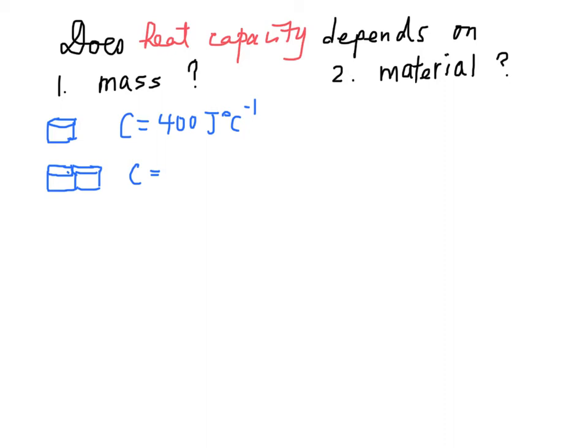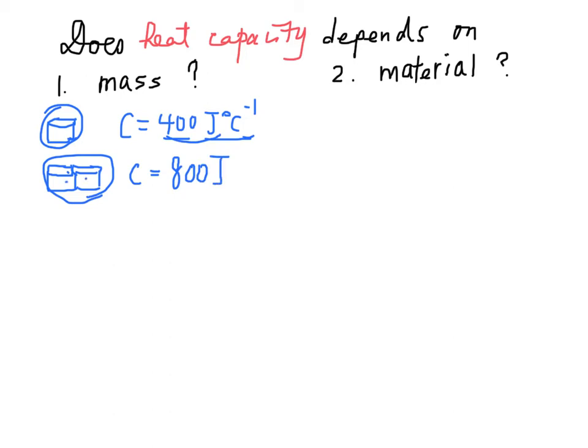An iron block has a heat capacity of 400 joules per degree Celsius, means that we need 400 joules of energy to increase its temperature by 1 degree Celsius. If now we want to increase the temperature by 1 degree of two identical iron blocks added together, then what is the energy needed? Of course, we need 800 joules of energy, because the mass is double.